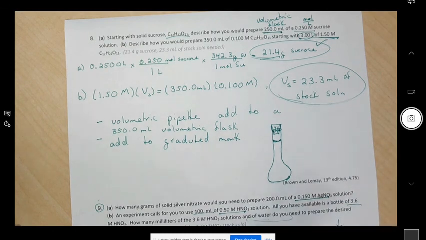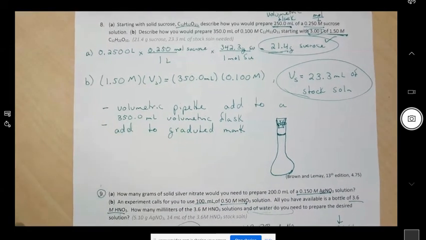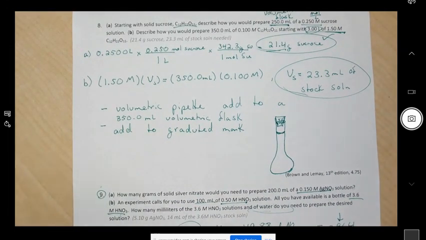Well, I need 14 milliliters of stock solution, and then the rest of it should be water. So to get to 100, I'm going to take 100 milliliters minus my 14 and get 86 milliliters of water. Because those two should hopefully add up to 100.